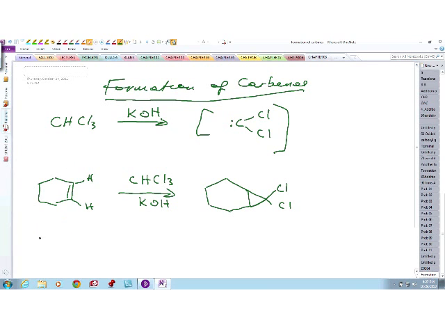You could also form a carbene by taking this molecule here, diiodomethane, and you take a mixture of zinc and copper.